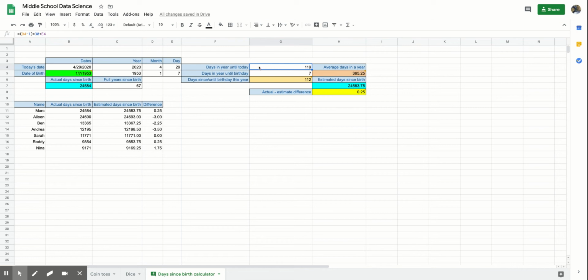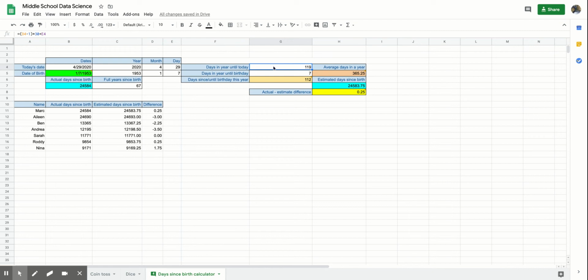So what do we know about months? Well, that's one of the reasons why this is an estimate. We're not going to actually get the exact number of days. We might get the exact number of days, but we're trying to do this in a very efficient way. So when you build a model, very often, almost always, what you're looking for is an estimate of the result you're really looking for.